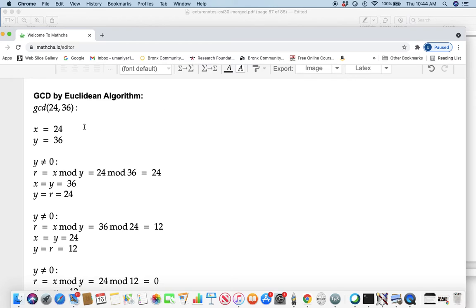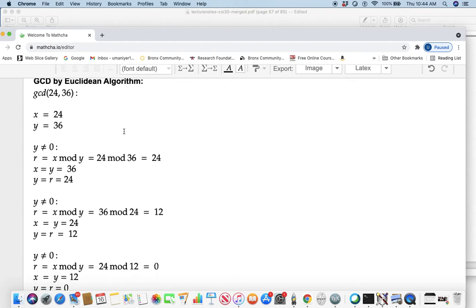So here is the Euclidean algorithm. x is 24, y is 36. Is y 0? No, y is not 0. So the procedure says find the remainder when x is divided by y. 24 is divided by 36. Well, 36 is bigger than 24, so the quotient is 0, remainder is 24.